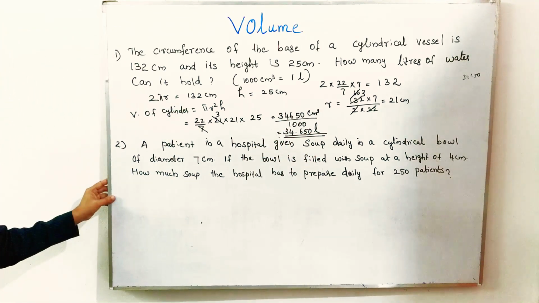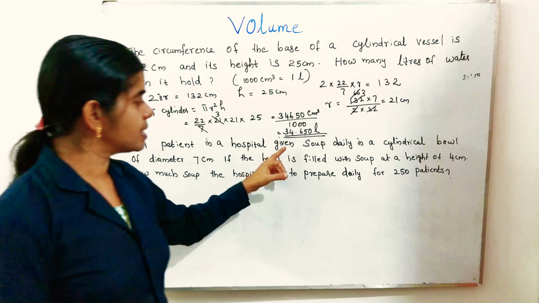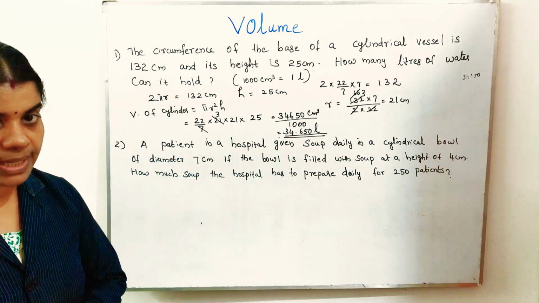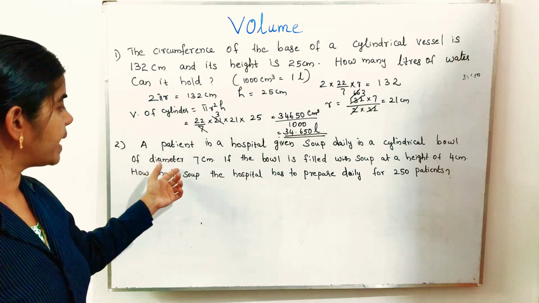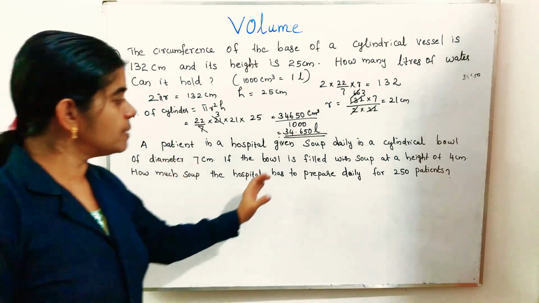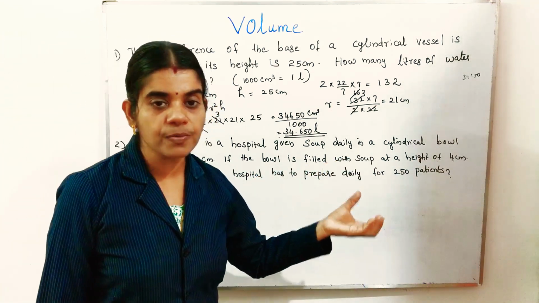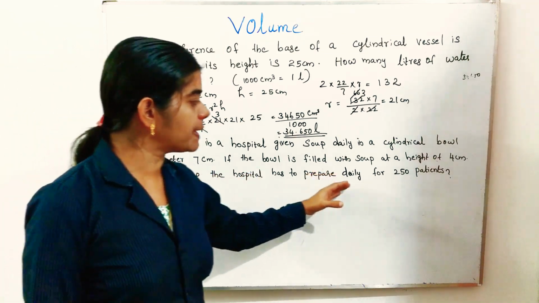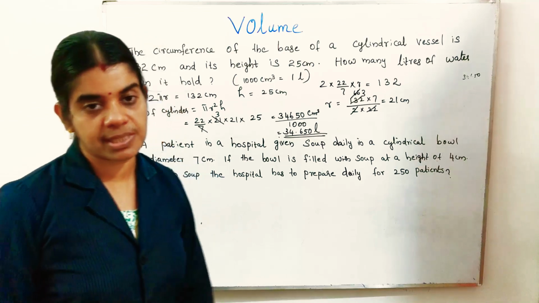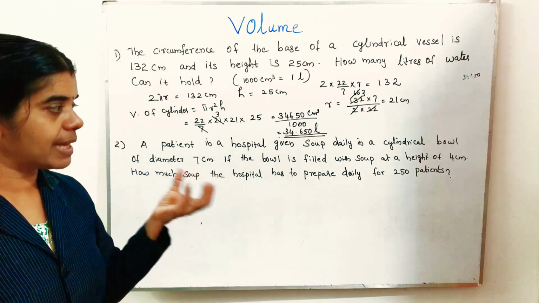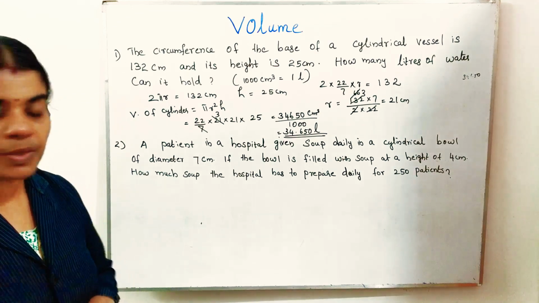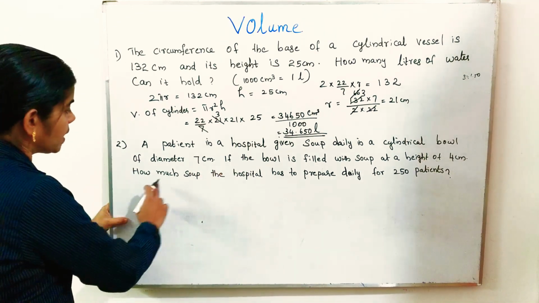Next question. A patient in a hospital is given soup daily in a cylindrical bowl. Soup is given in a cylindrical bowl of diameter 7 centimeter. If the bowl is filled with soup to a height of 4 centimeter, how much soup does the hospital have to prepare daily for 250 patients? One cylindrical bowl is given, and we want to find the volume of one bowl.